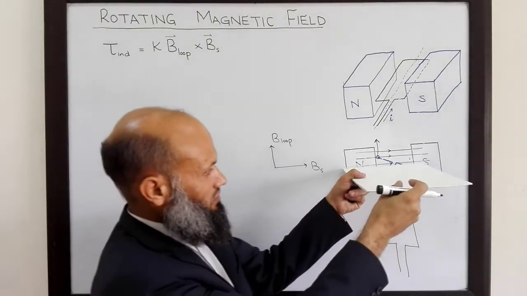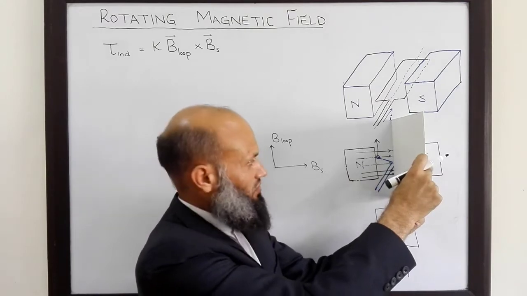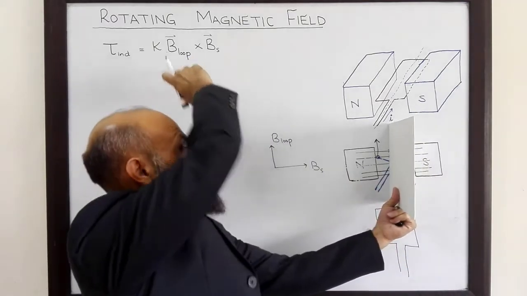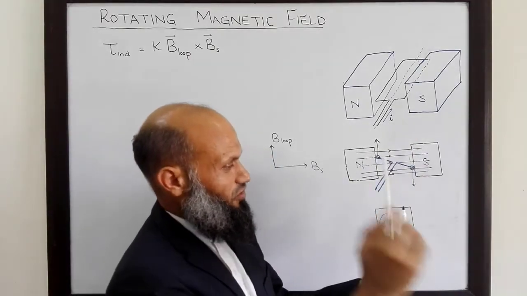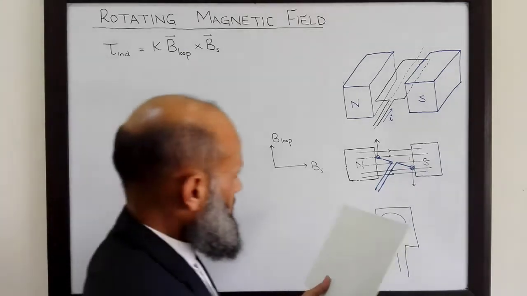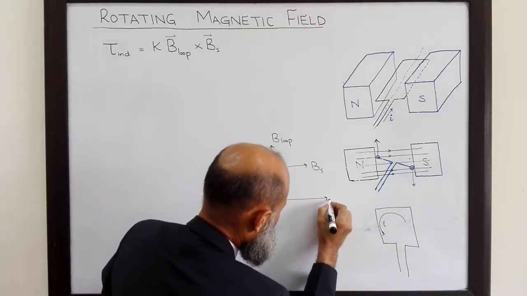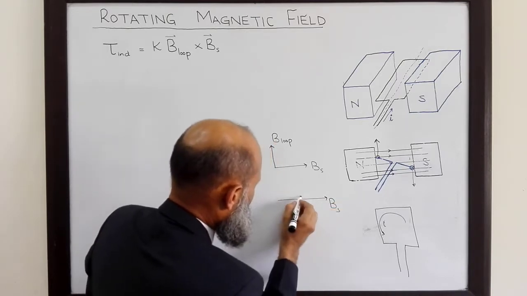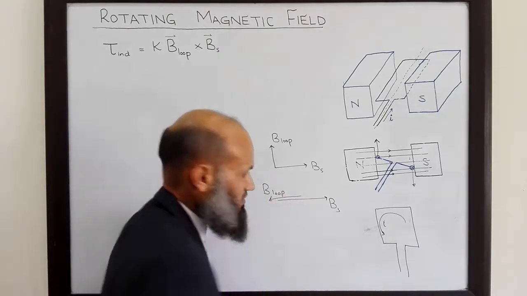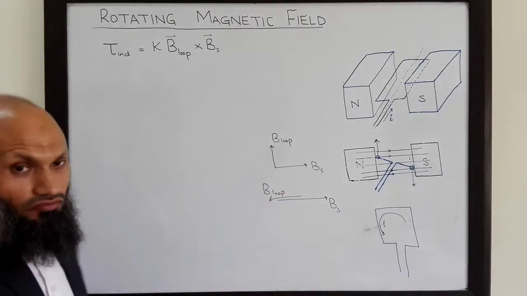What will be the situation when this coil has rotated to this orientation? Again we can determine the direction of B loop. The direction of B loop is perpendicular to the surface of this coil. That is, both B loop and Bs become parallel or anti-parallel, and in this particular case induced torque will be zero.